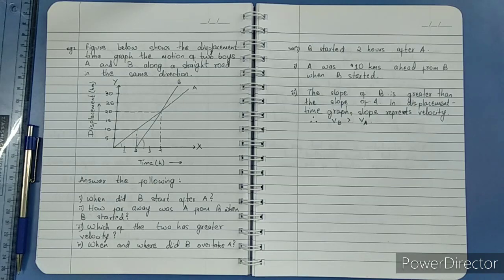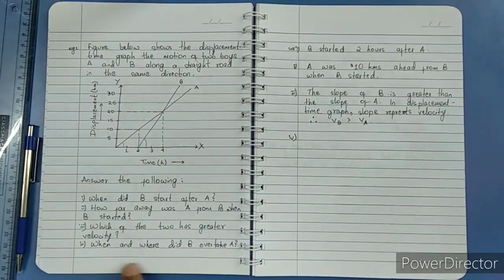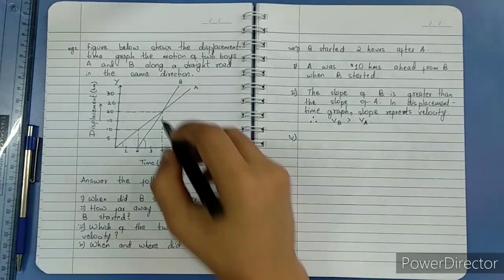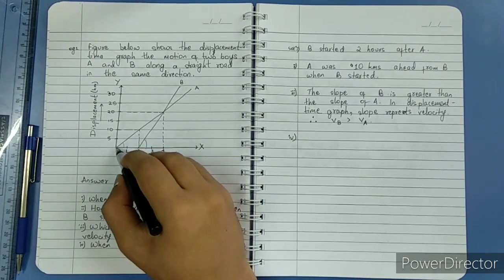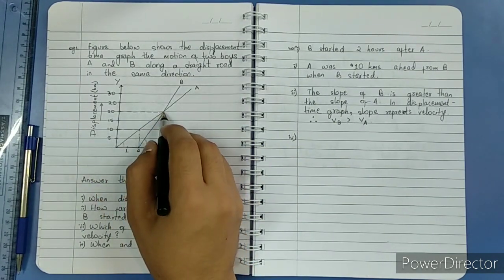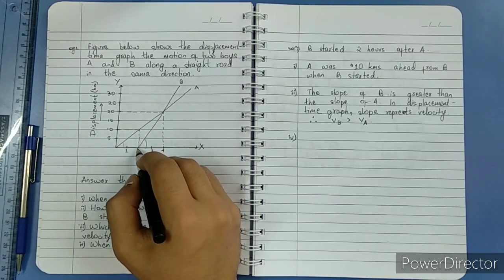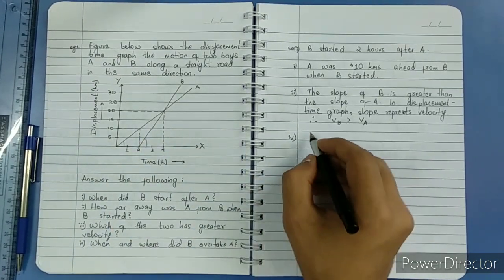Fourth part, it's given when and where did B overtake A. So where they meet is the point where B is overtaking A. A started over here, covered 20 kilometers before they meet, and B started here, covered 20 kilometers as well, when they met.